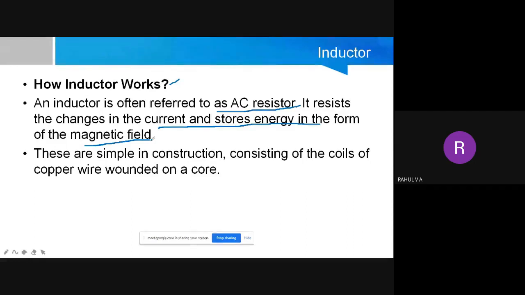These are simple in construction, consisting of a coil of copper wire wound on a core. Okay, so the construction is very simple. So these are coils wound on a core. This core may be air, then iron, use of iron material, or ferrite core.